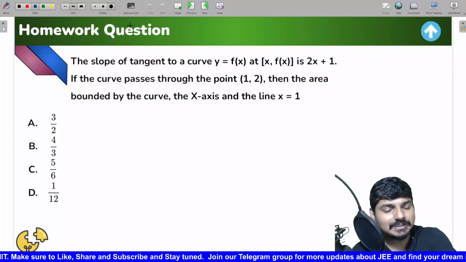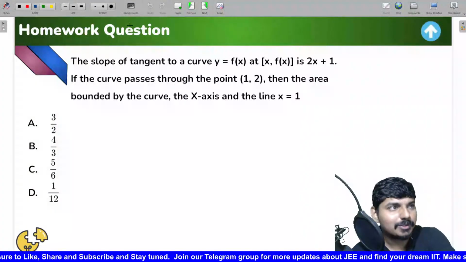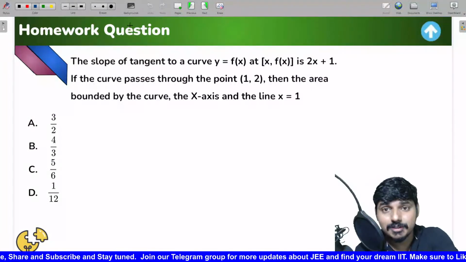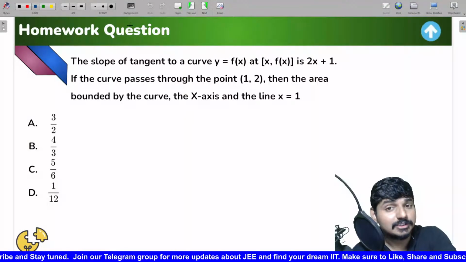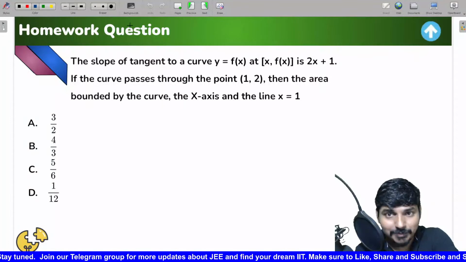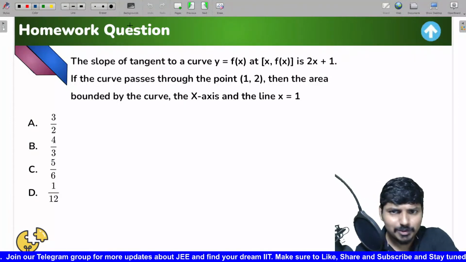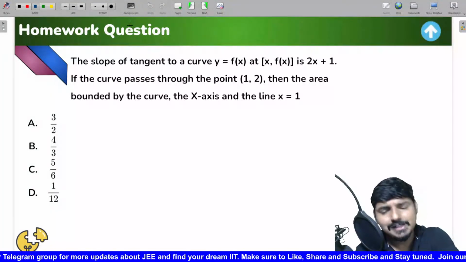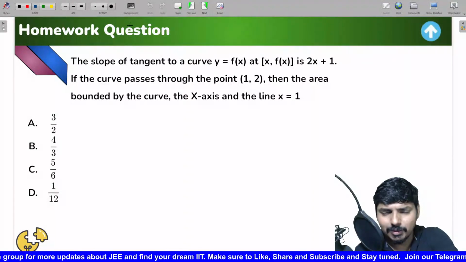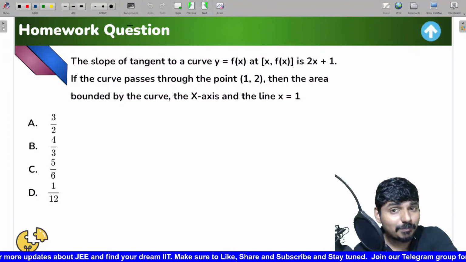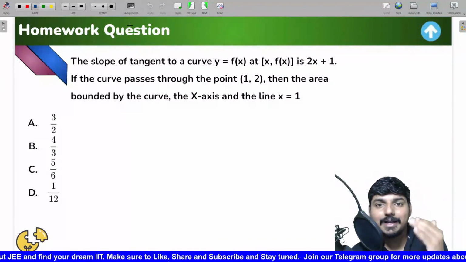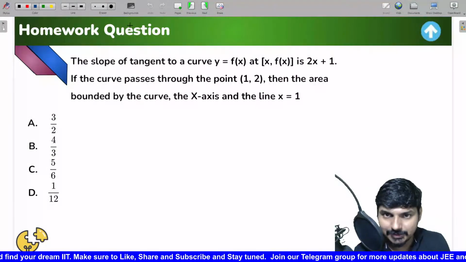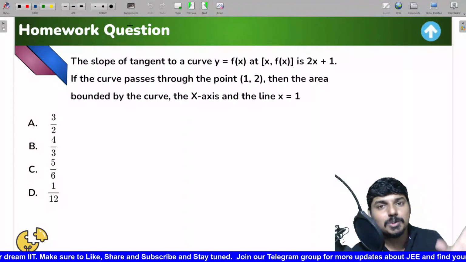So every session, at the end of the session, I'm going to give you a homework question. In the next session, I'm going to see which student has got the right answer. After that I'll explain the question for you. If you're not getting it, don't worry, I'm going to explain the question anyway. But first I'm going to ask you how many students have got the right answer. The student giving the maximum number of correct answers in a week, his name is going to be displayed.